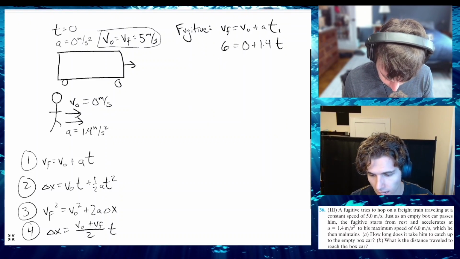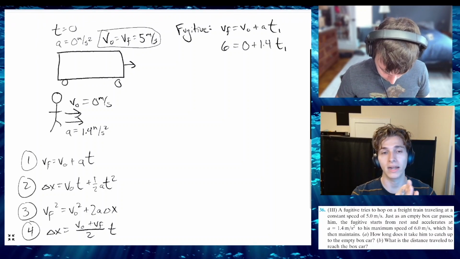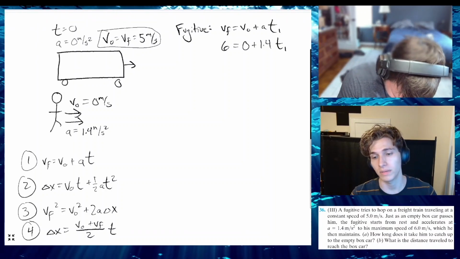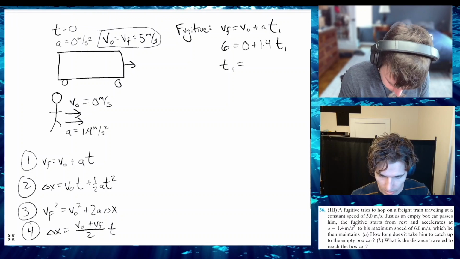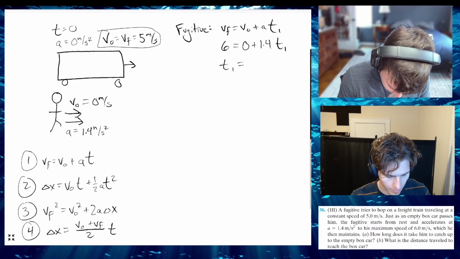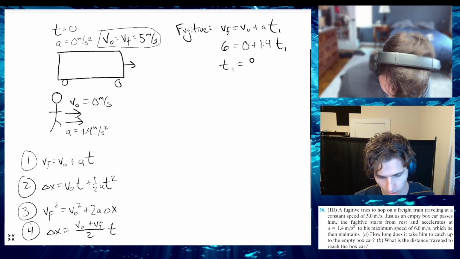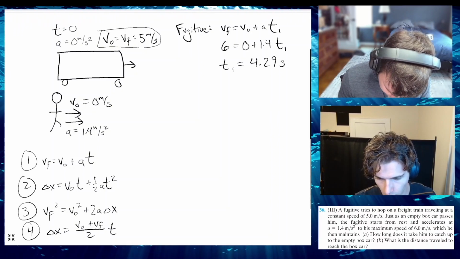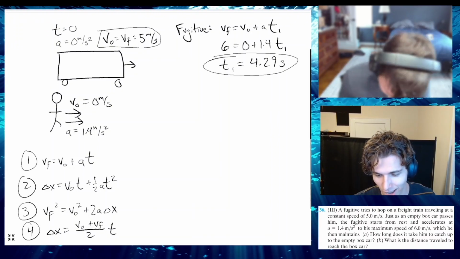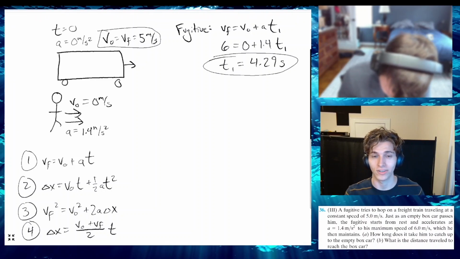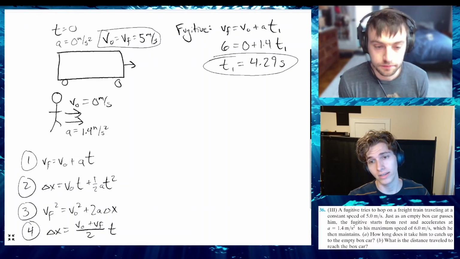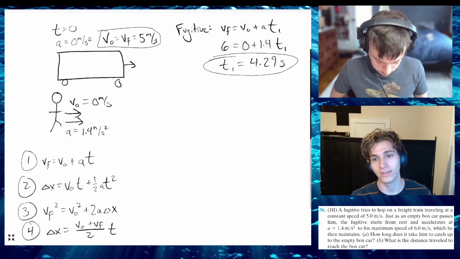I'm going to call this time t1 because it's the amount of time he takes to get up to speed. So this is going to be 6 divided by 1.4. And I got, is time 4.29 seconds? Yeah, perfect. 4.29 seconds.